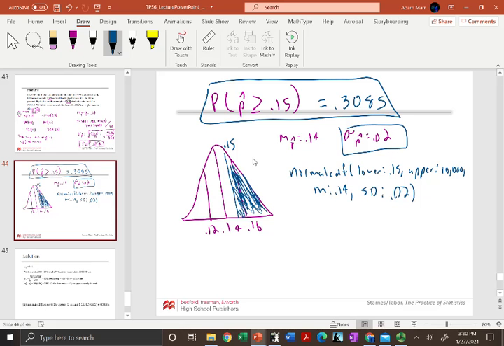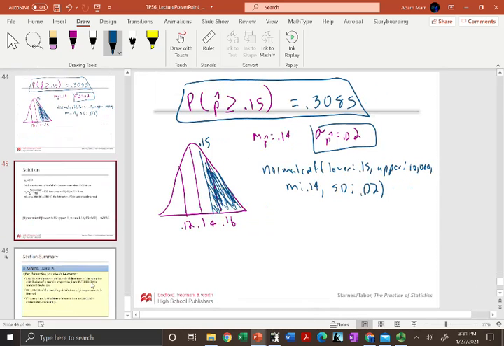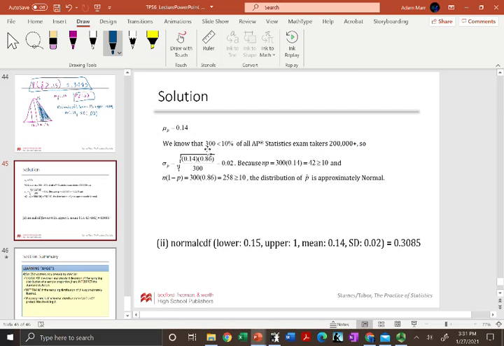Okay, so let's see how they had done it. 300 is less than 10% right here. That's the 10% condition. We got the mean. We found the large counts condition right here. It's approximately normal. So then they got 0.3085 and that's it.